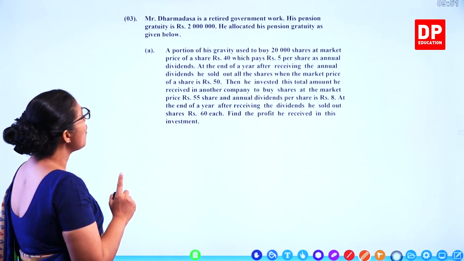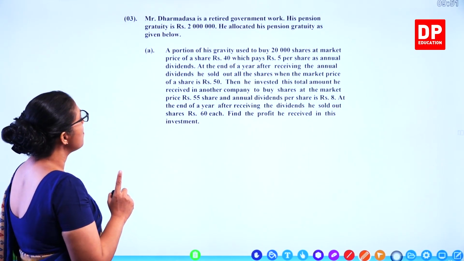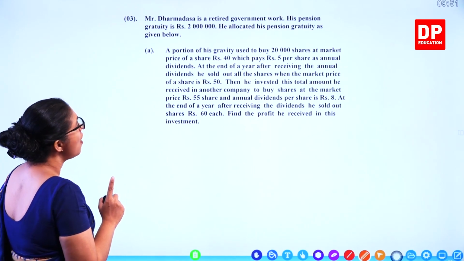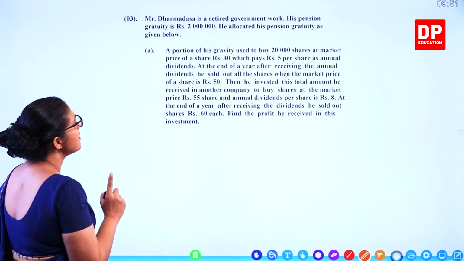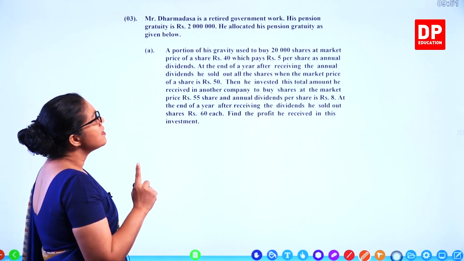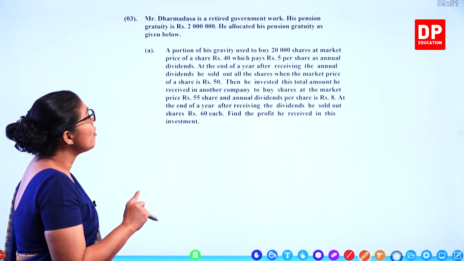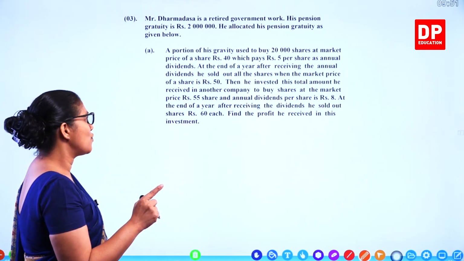A portion of his gratuity used to buy 20,000 shares at market price of a share 40 rupees, which pays 5 rupees per share as annual dividends. At the end of the year, after receiving the annual dividends, he sold out all his shares when the market price of a share is 50 rupees.